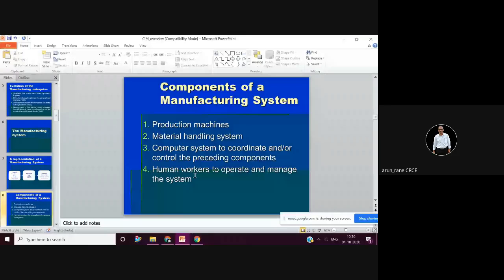If you are able to give the blue color car, yes, he will take it. Otherwise, he will move to the next manufacturer. If you are not giving red color or yellow color, there are plenty of people who are ready to give. So that's why the painting departments are 100% automated.